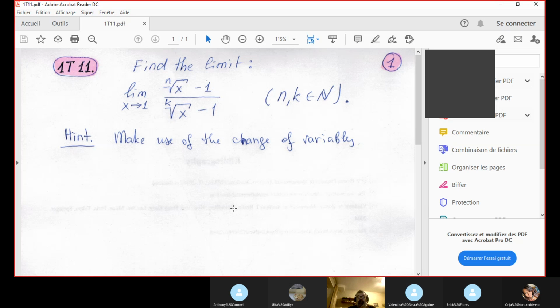So you see, Valentina, you have to use the binomial theorem in order to open the brackets. 1 plus t to the power k will be a sum of k terms, minus 1, so 1 disappears in the numerator, and in the denominator as well. Then in the numerator you will have k multiplied by t plus so on plus t to the power k, and in the denominator you have nt plus so on plus t to the power n, and t in this case goes to 0.